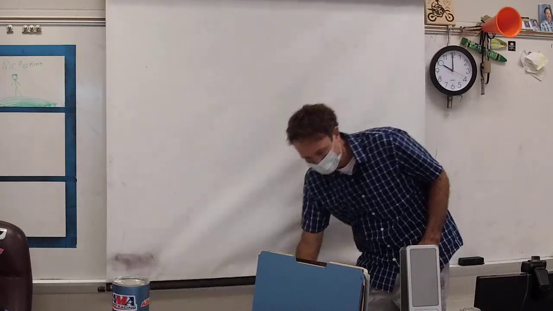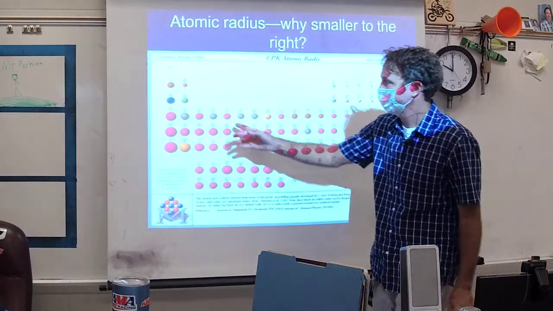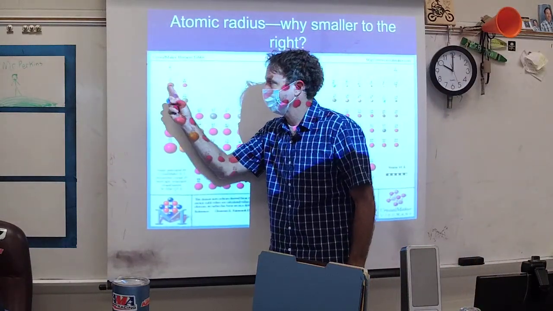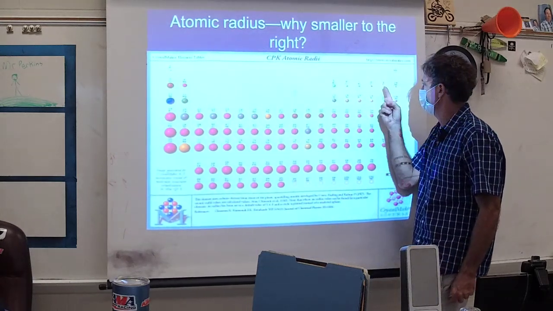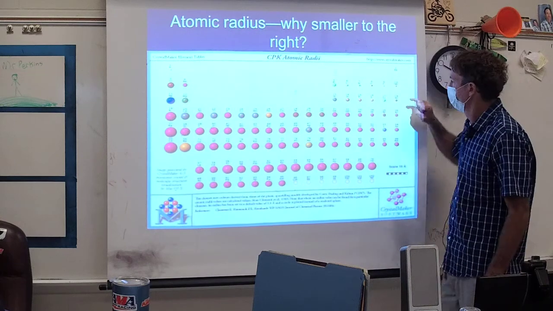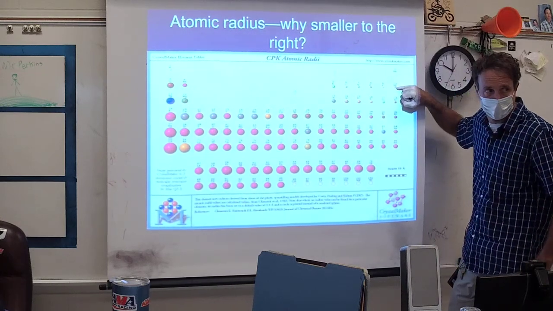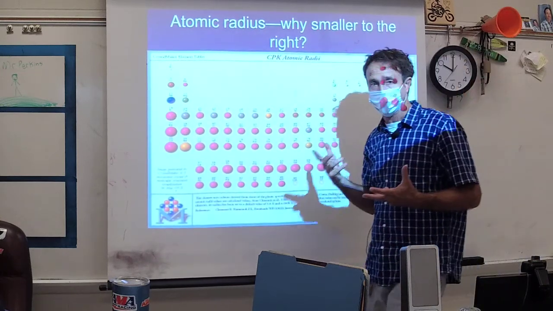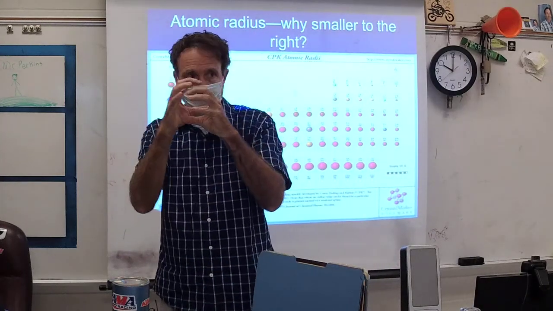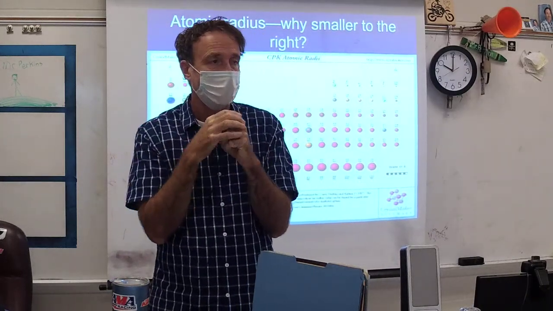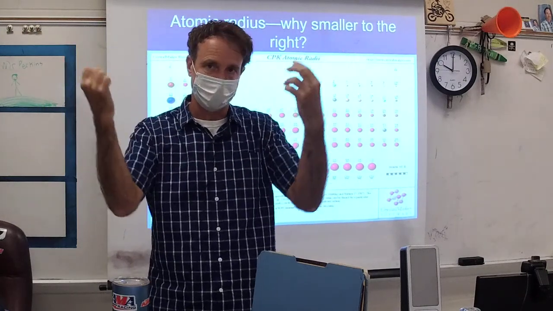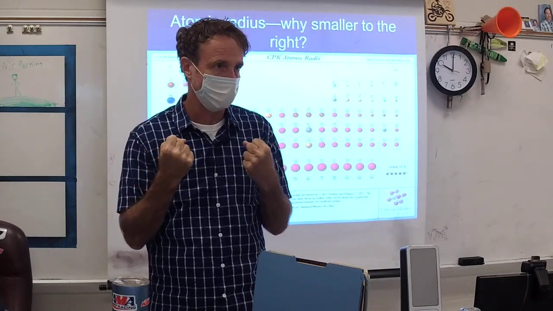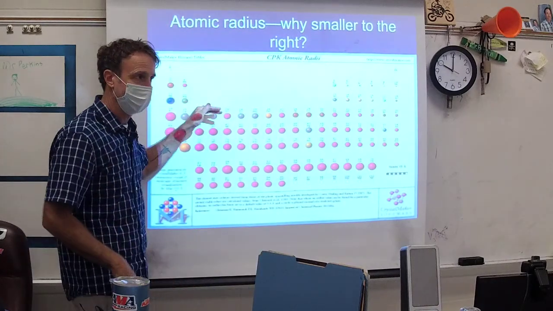So if we look at these atoms, lithium has 3 protons, 4 protons, 5, 6, 7, 8, 9, 10 protons. Look how small neon is. So you have this stronger, more positive nucleus with a greater electromagnetic draw for electrons as you go across, okay?